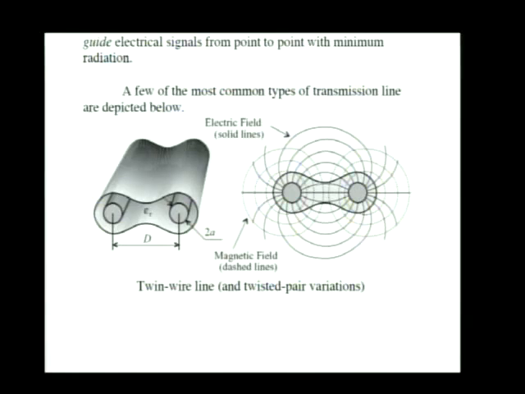And if you can calculate the fields, you can also calculate the voltages and currents. And there are exact closed-form expressions for voltage and current at any point for the twin wire line.